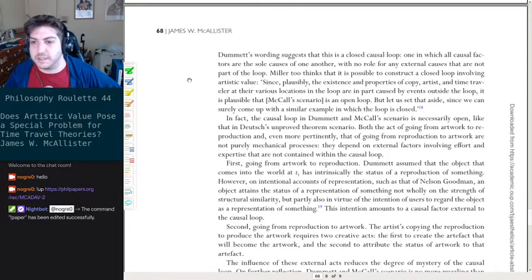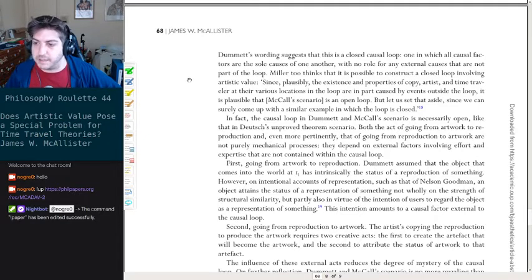Dummett's wording suggests that this is a closed causal loop, one in which all causal factors are the sole causes of one another, with no role for any external causes that are not part of the loop. Miller, too, thinks it is possible to construct a closed loop involving artistic value, since plausibly the existence of and properties of copy, artist, and time traveler at the various locations in the loop are in part caused by events outside the loop. It is plausible that McCall's scenario is an open loop.